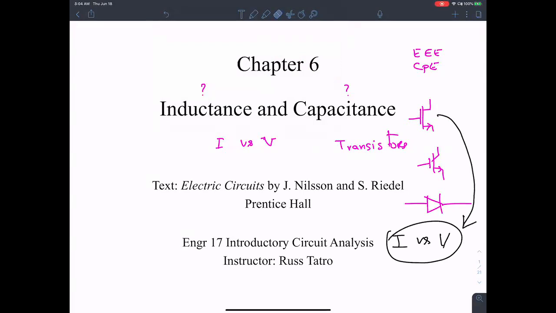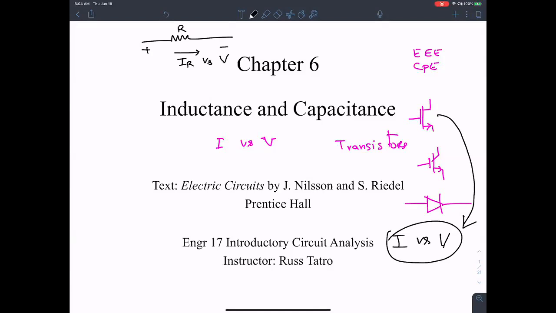So if you want to gain a very good understanding of a device, of the terminal behavior of a device, how it behaves with respect to its terminals, then you try to see what is the current that's flowing in this element in response to the voltage that we apply across it.